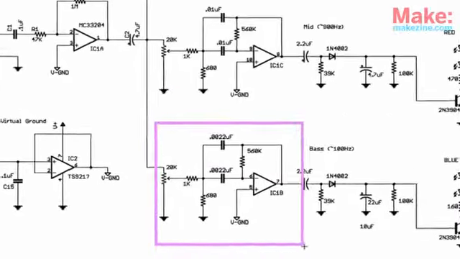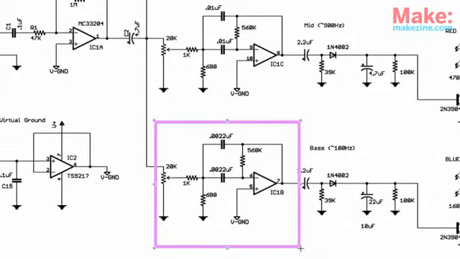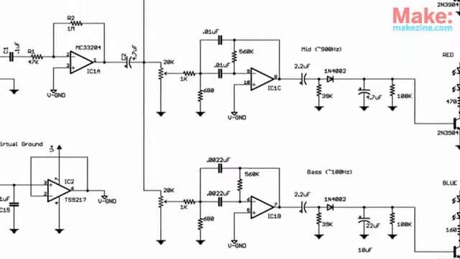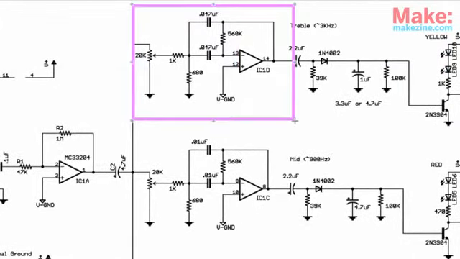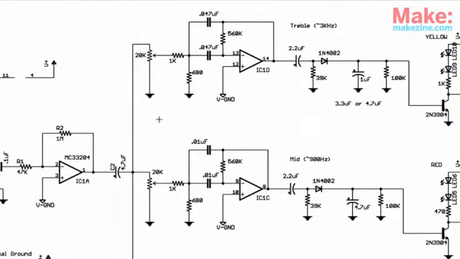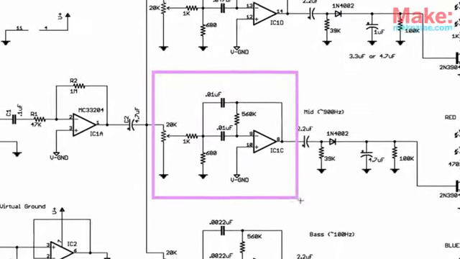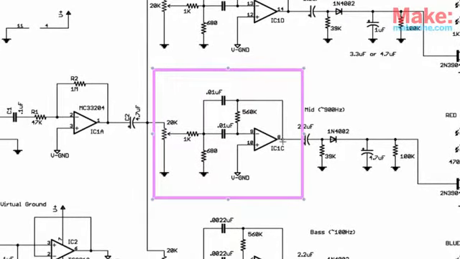Relatively slow changes in the audio waveform will appear at the output of IC-B. Fast fluctuations will be output from IC-D, right about here. And the mid-frequency band will pass through IC-C's filter.